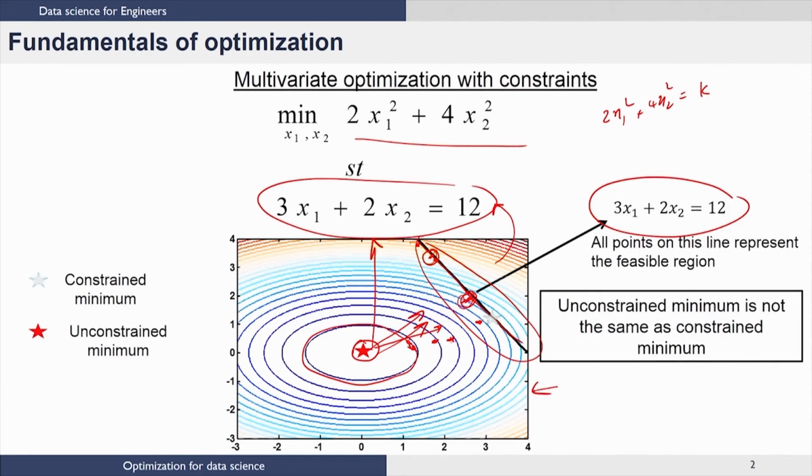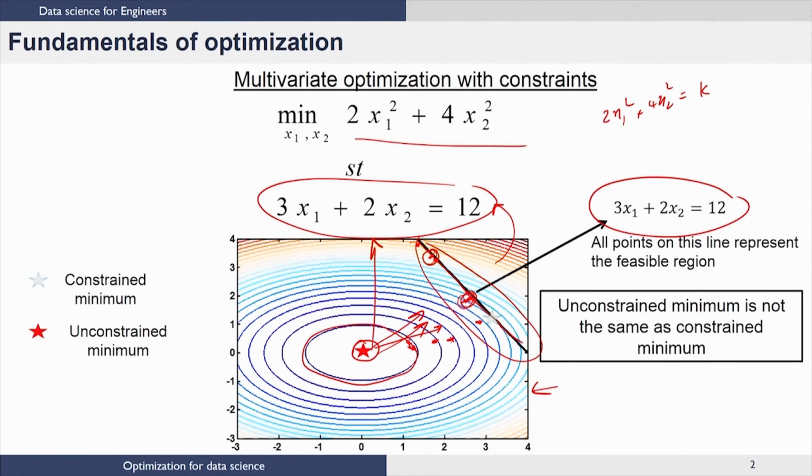So, when I touch this line for the first time is the point at which, for the first time, when I give up my objective function value, I am also able to satisfy the constraint. Now, once I find a contour like that which touches this line, then there is no incentive for me to go further beyond, because going further beyond would mean I would be making my objective function worse.